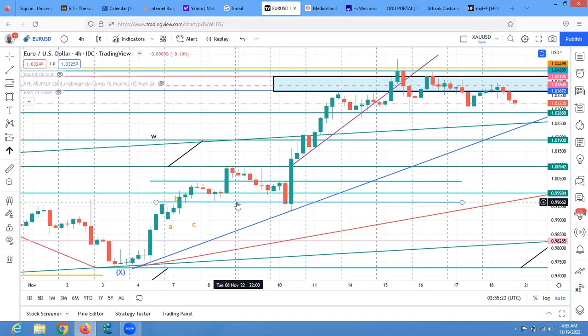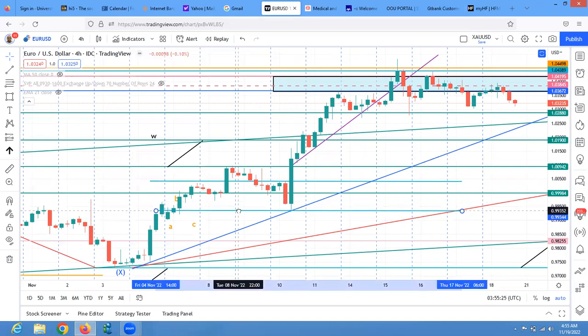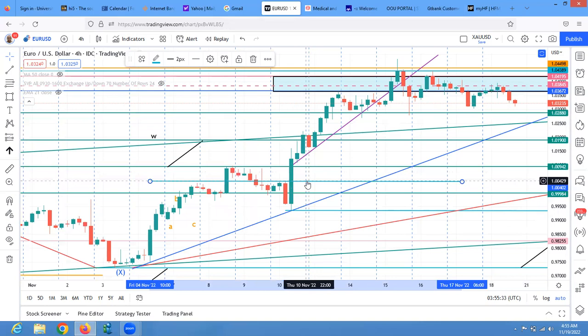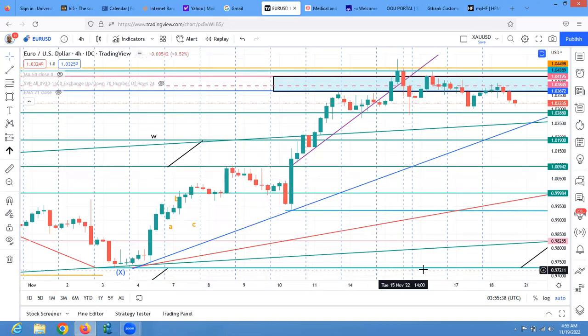If there's anything I want to do, it is to mark these levels of those lows. And I don't need this also. Yeah, just this low, this low. Those are the points I need. And I won't be needing all this also.